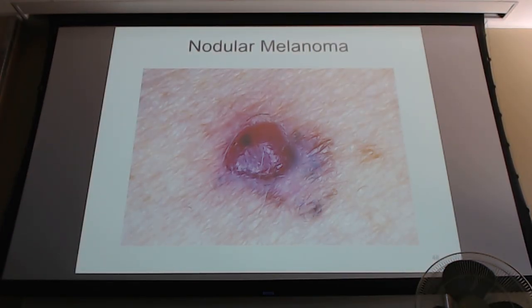So there you go. We can see that this one right here, it didn't have radial growth. This probably started right about here, but then it started to grow up over there. So it's not radial.